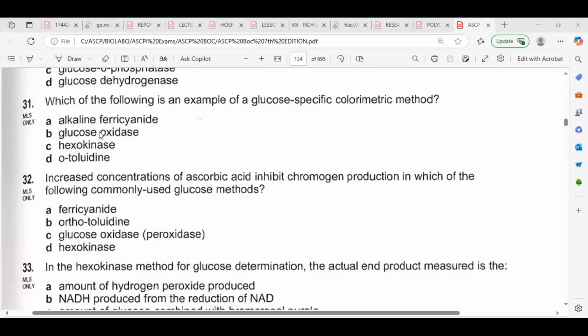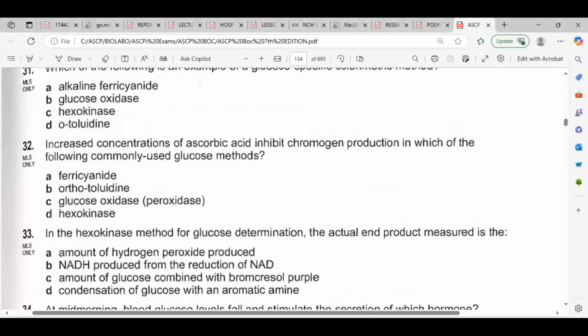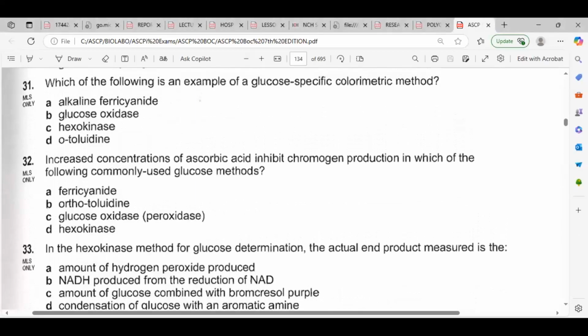Okay, so now we also have question 32, which is another MLS only question, which talks about increased concentrations of ascorbic acid inhibiting chromogen production in which of the following commonly used glucose methods? Oh, this one is in our notes. I know even the line. If you read chemistry, I remember even the paragraph where this is written.